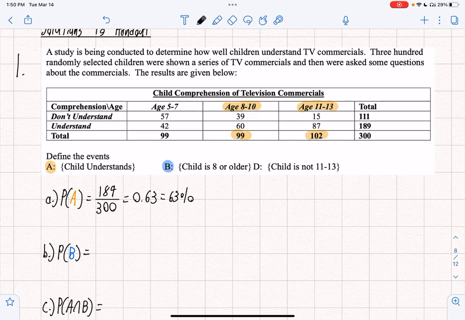So probability of B, we still have 300 total people, so 300, and now we're going to add the 99 plus the 102. So that is 201 over 300, or simply 0.67, or 67%.